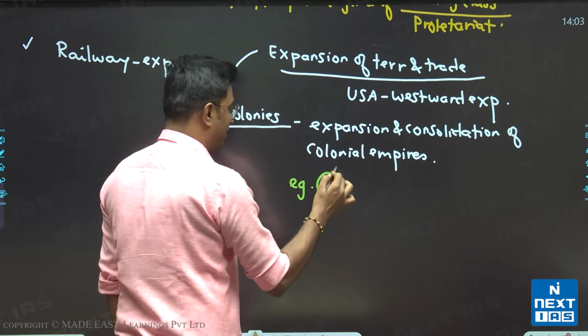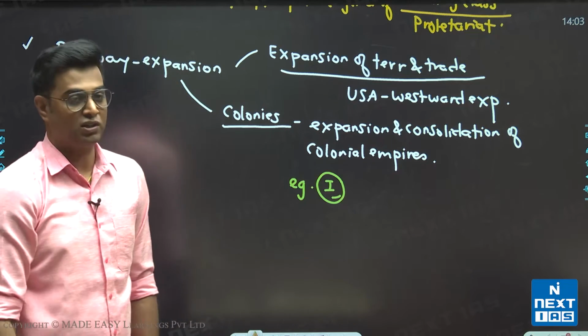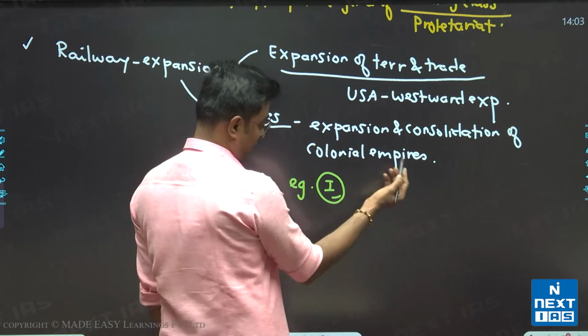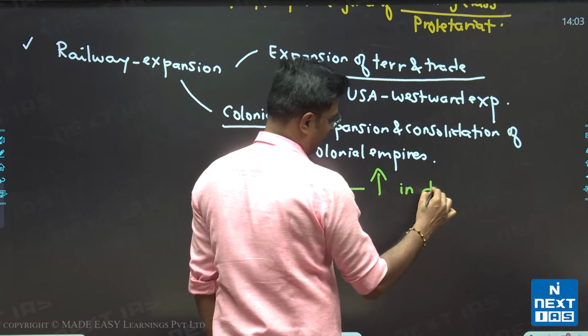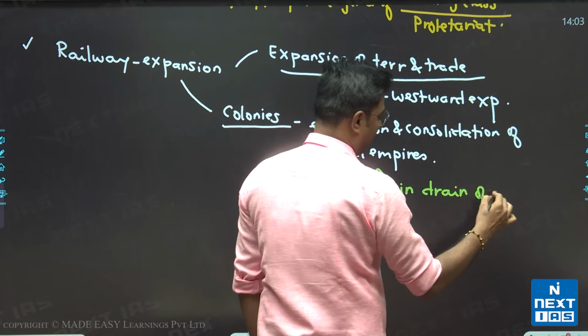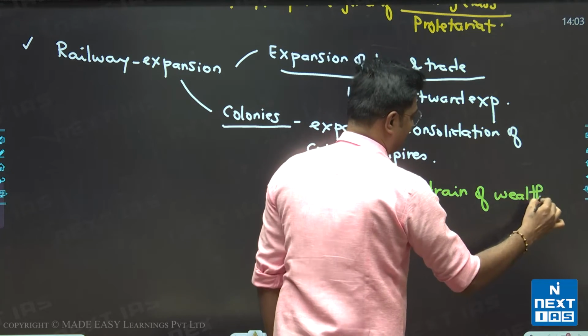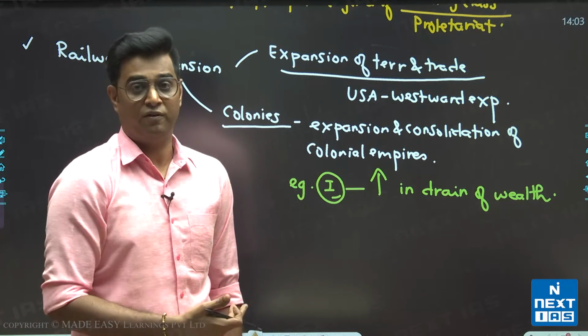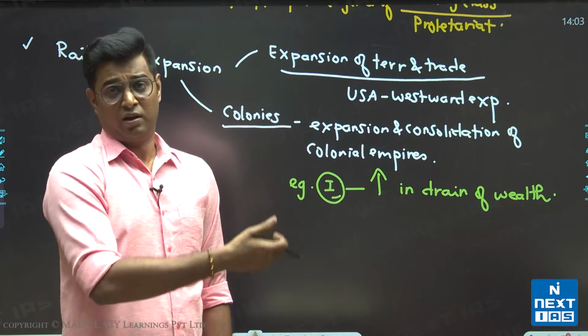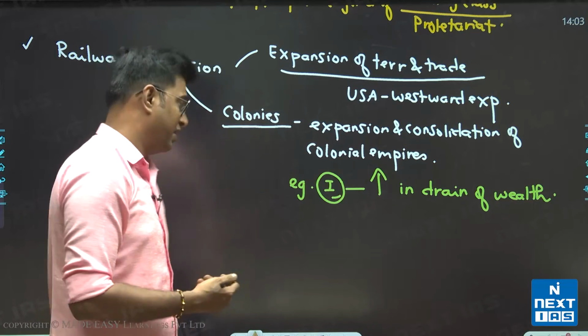Now, what was the economic effect of the expansion and consolidation of colonial empires? For example, in India, there was an increase in drain of wealth because railway was seen as an avenue for investment for which the Britishers and the British capitalists were guaranteed returns.